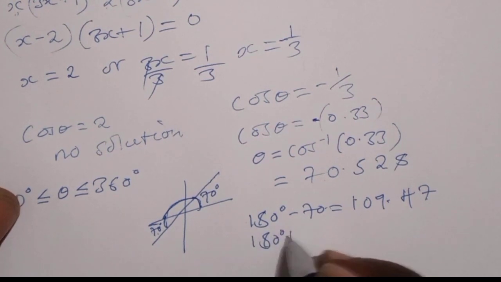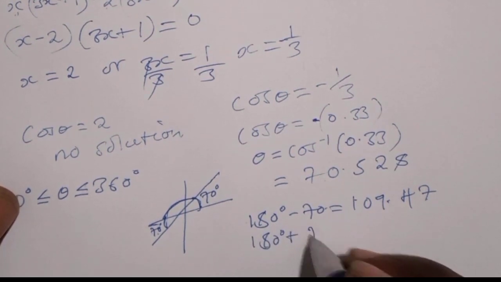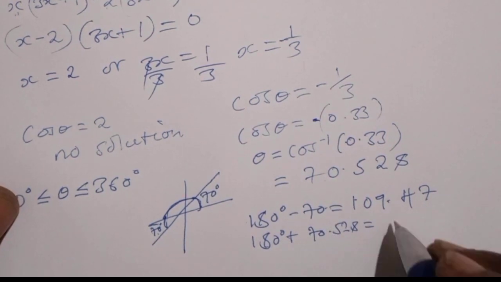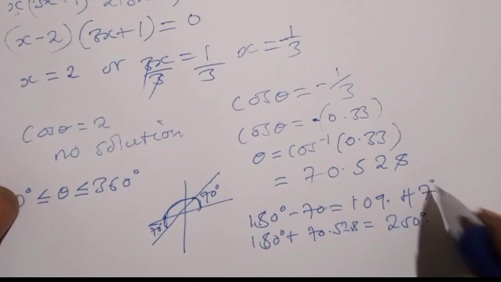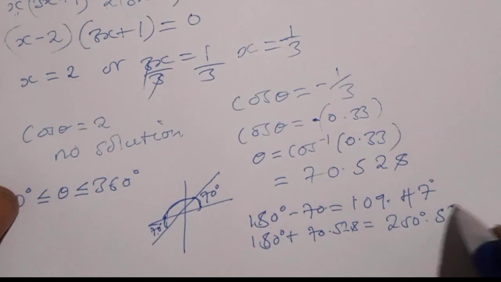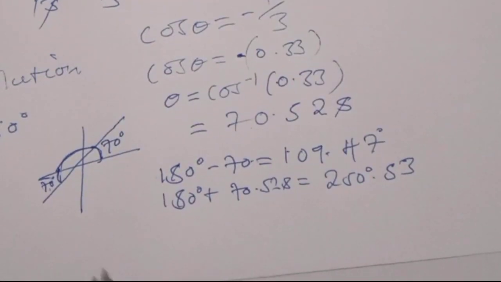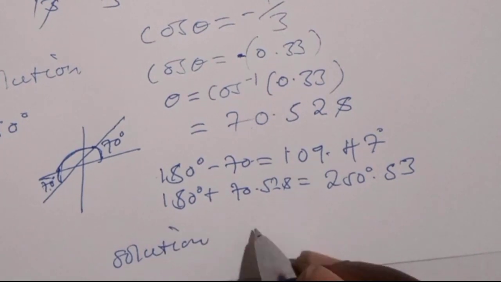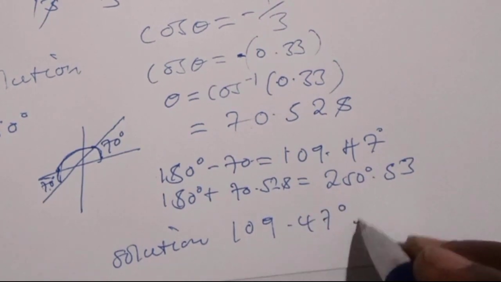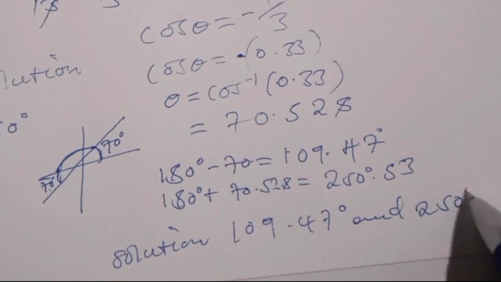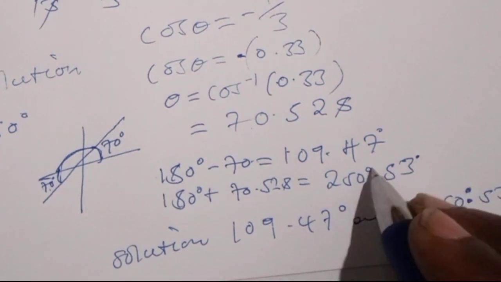So 180 degrees plus 70.528, we are going to have 250.53 degrees. So our solutions are 109.47 degrees and 250.53 degrees.